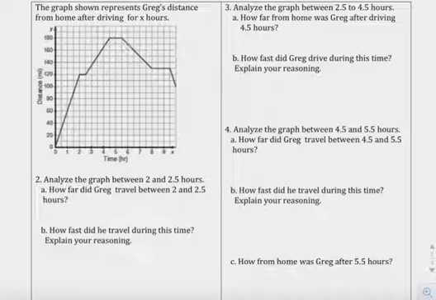The graph shown represents Greg's distance from home after driving for x hours. Analyze the graph between 2 and 2.5 hours. How far did Greg travel from 2 to 2.5 hours?